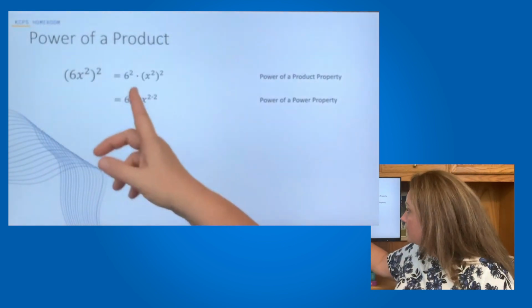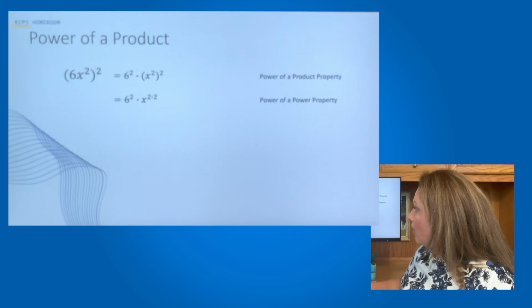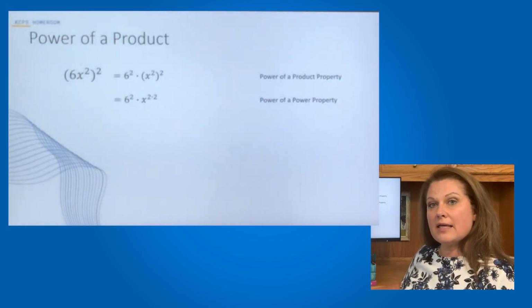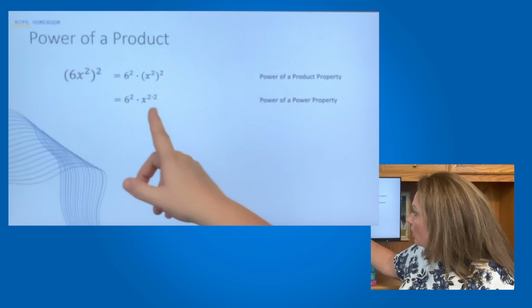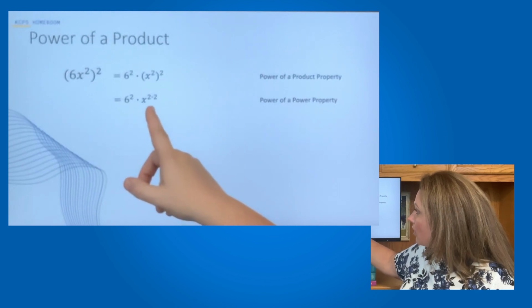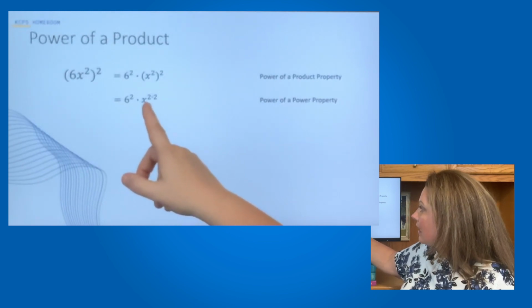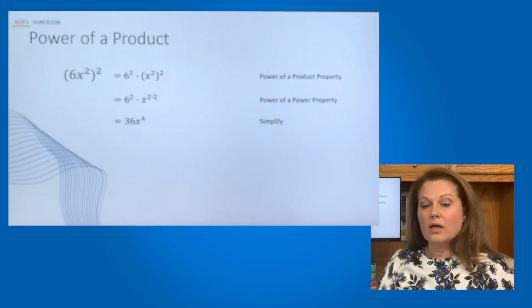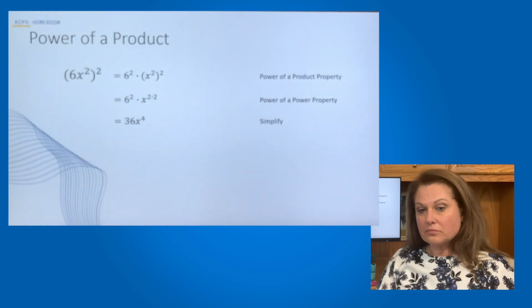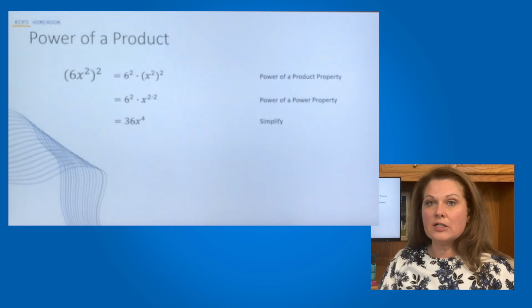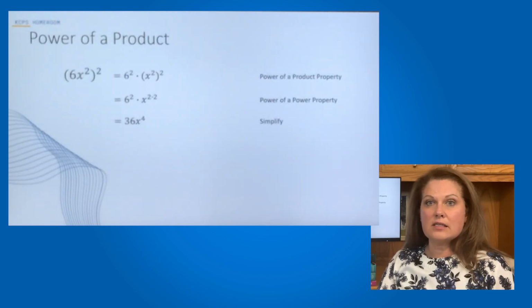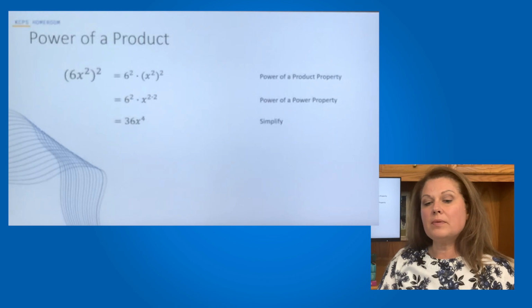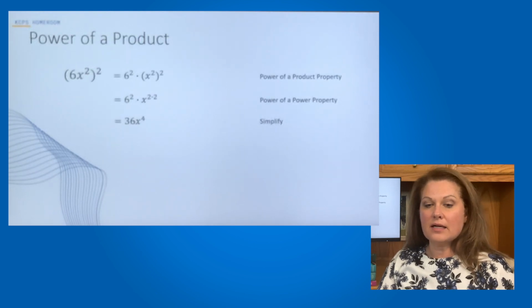I'm just going to bring down my 6 to the second power. I'll evaluate that in just a minute, but I want you to make sure you notice on the variable power I'm saying x to the second times 2. Our next line would be our evaluation of our 6 to the second power, and that would be 6 times 6.